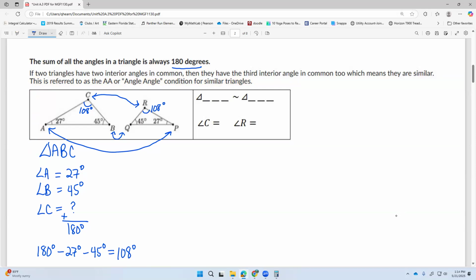Okay, now I would like you to take a piece of paper and a pen or pencil, and I'd like you to test yourself. Pause this video and see if you can fill in the names of the triangles which are similar to each other. I'm going to start by naming the first triangle ABC. I would like to know if you can figure out what the order of the letters should be for the other triangle.